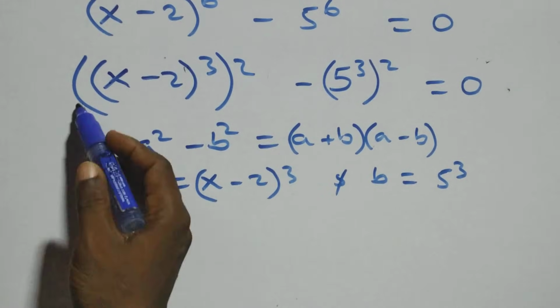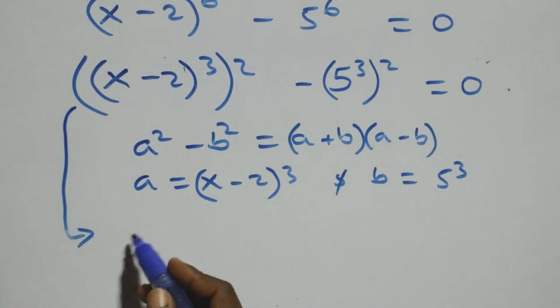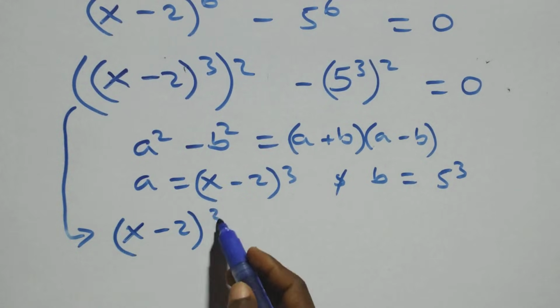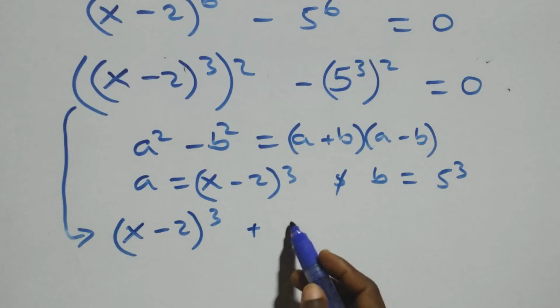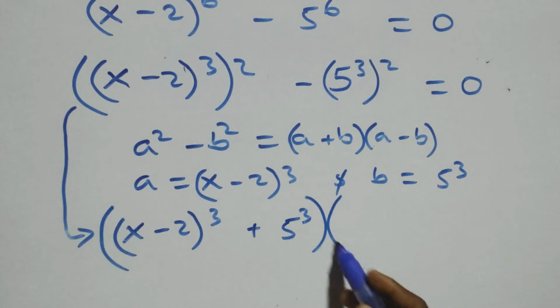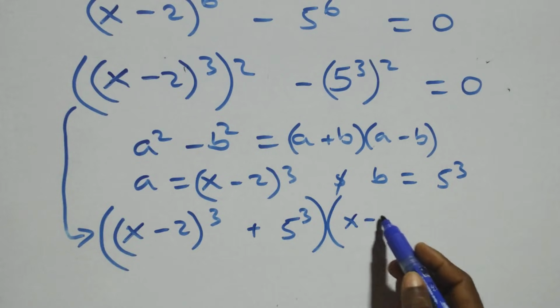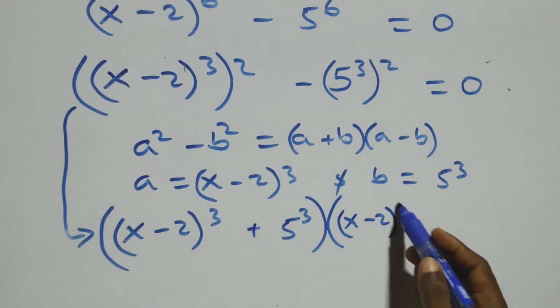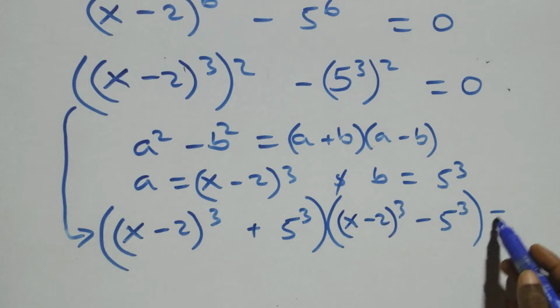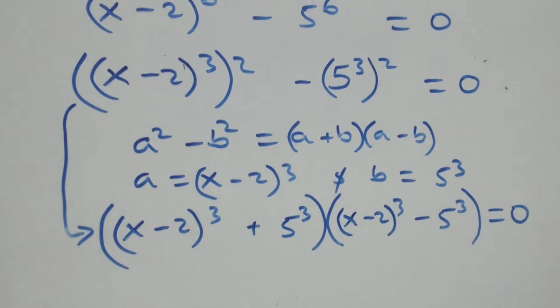Then what we have becomes ((x minus 2) all raised to power 3 plus 5 raised to power 3) times ((x minus 2) all raised to power 3 minus 5 raised to power 3) equals 0.